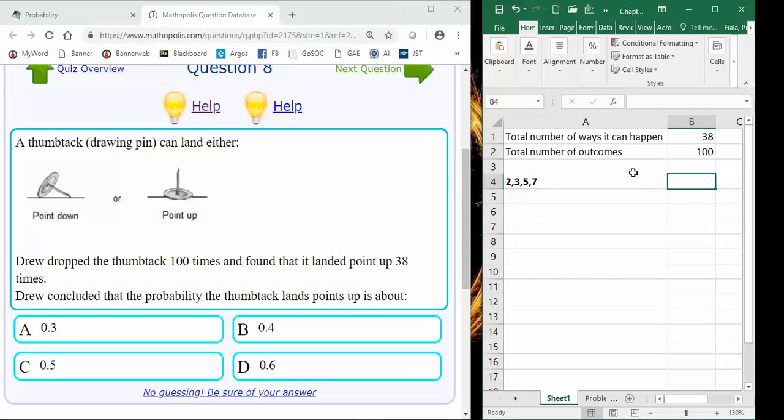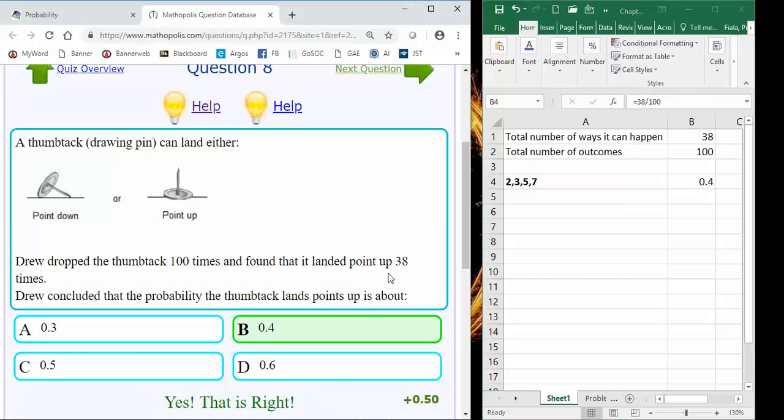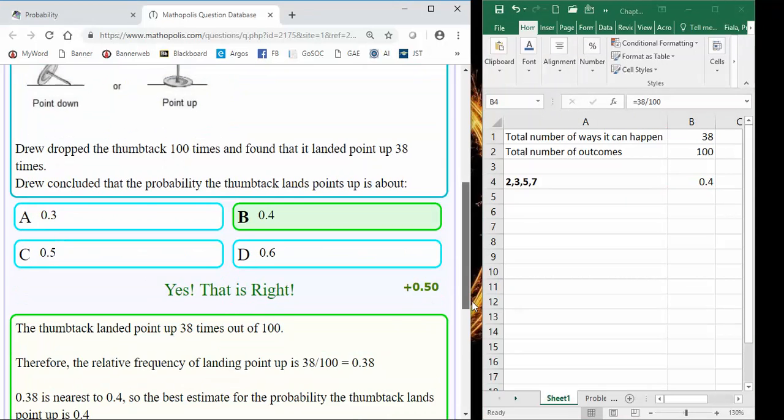So we're going to do 38 divided by 100. That's about, if you round up, about 40%. There you go. Perfect. That's right.